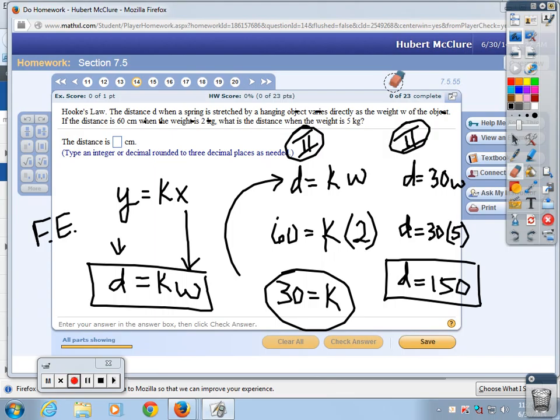So they're just telling you that the spring, let's say it's at rest. When you attach that weight, it's going to go 60 centimeters. And then they take the weight off. What happens to the spring? It goes back. Then you put the other weight on it, it's going to go what? 150.